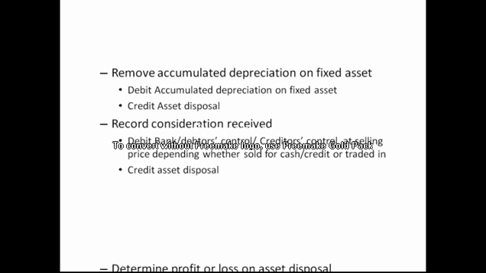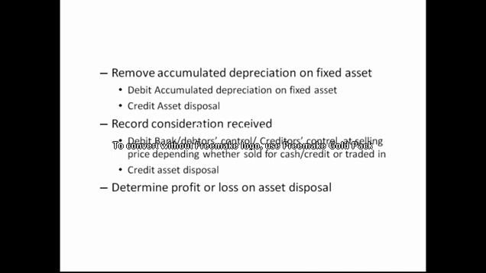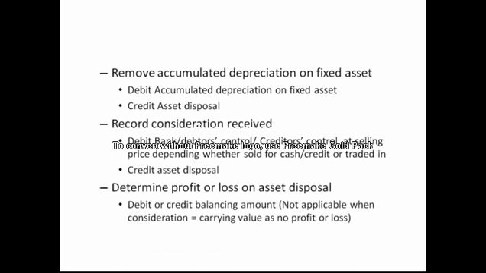And then finally we will have to determine the profit or loss on asset disposal, and that will be the balancing amount. Okay, and it may be a debit or a credit depending on whether we made a profit or a loss. If we made a profit, it means we will have to credit another account, namely profit on asset disposal.